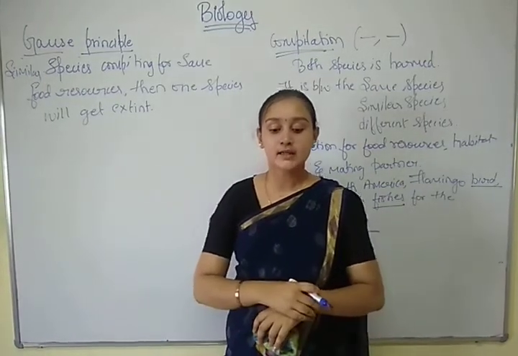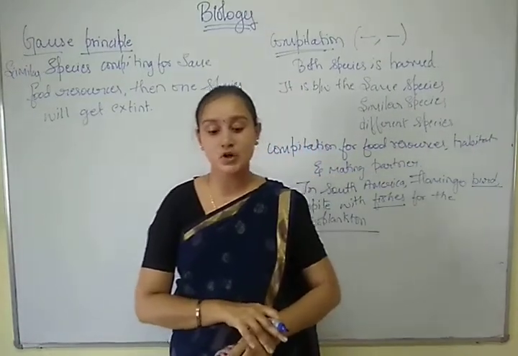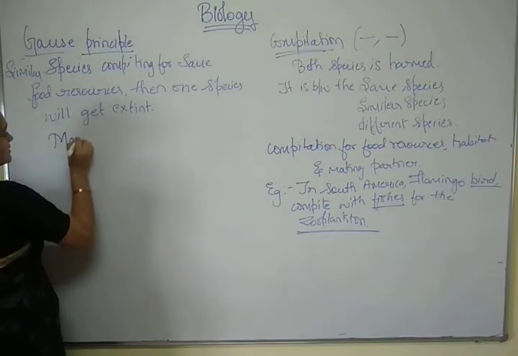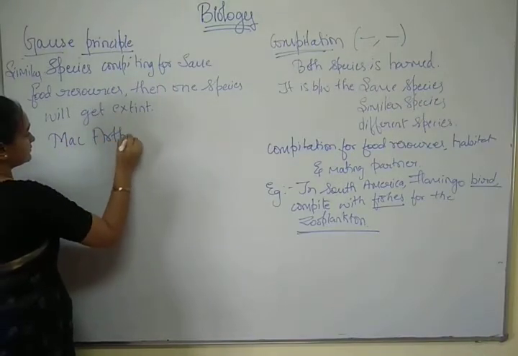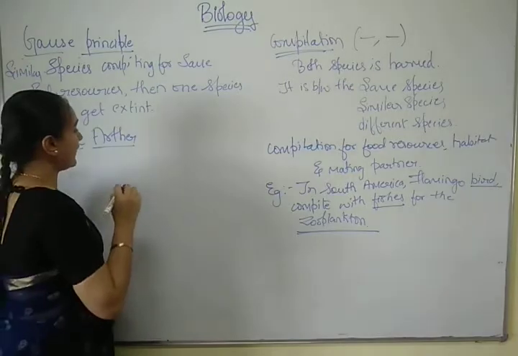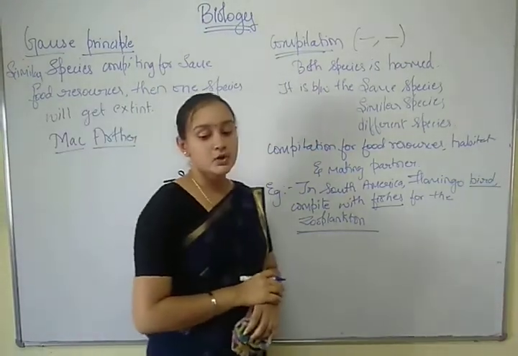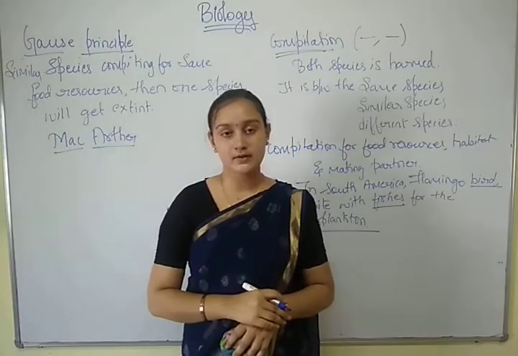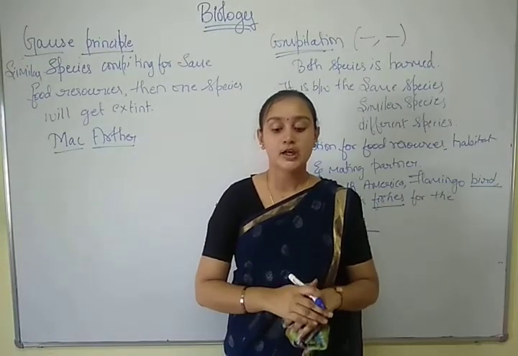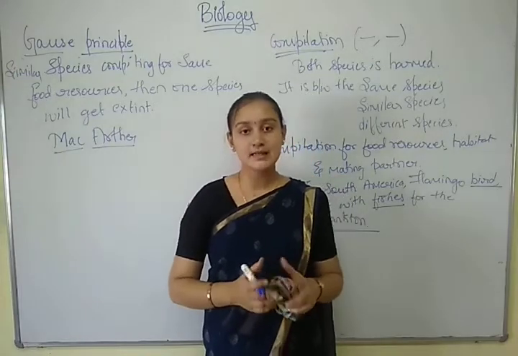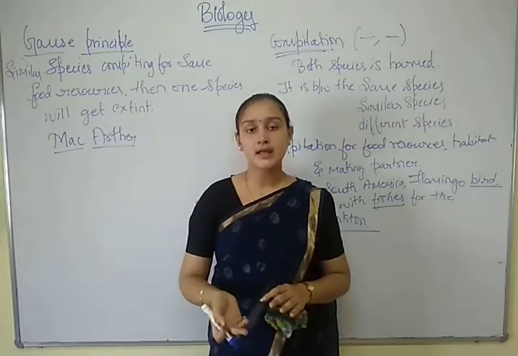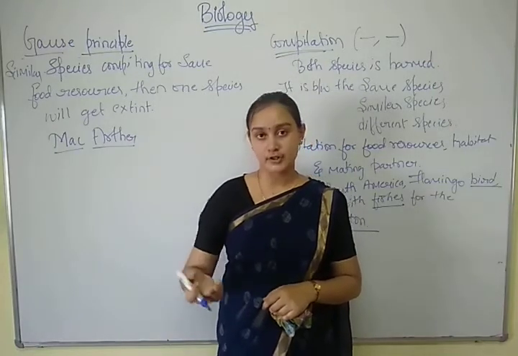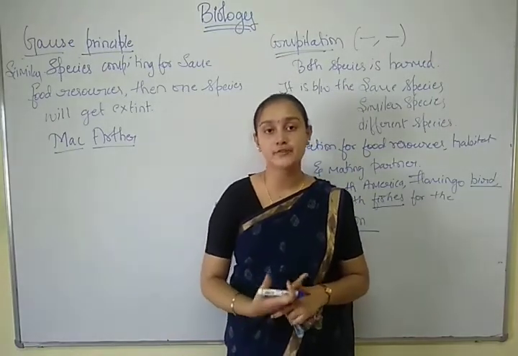And here there is another scientist called MacArthur. He said that the 5 species of warbler, which were closely related to each other, depended upon different food resources.